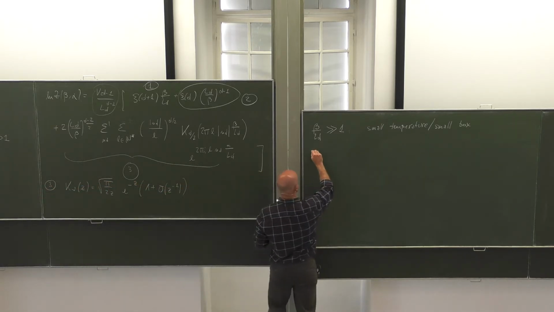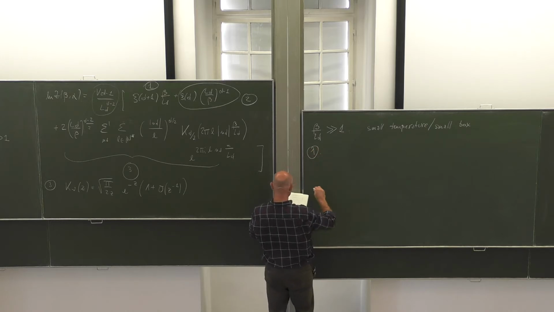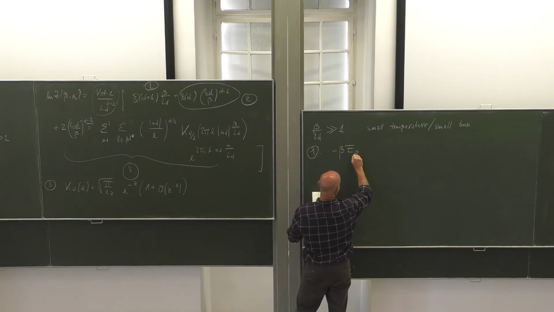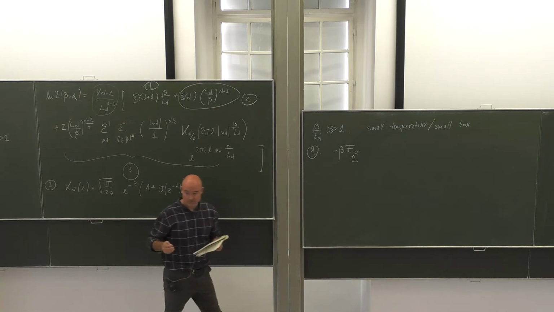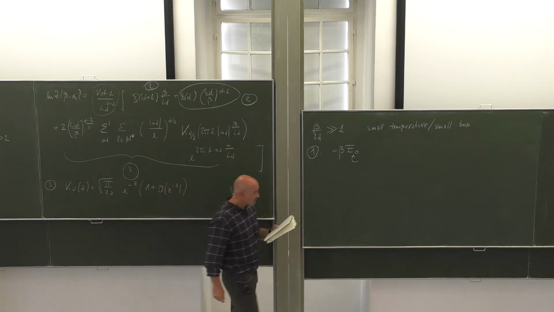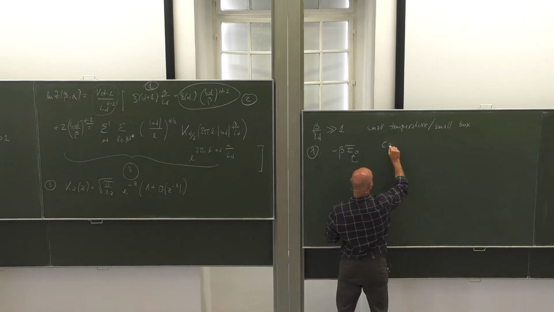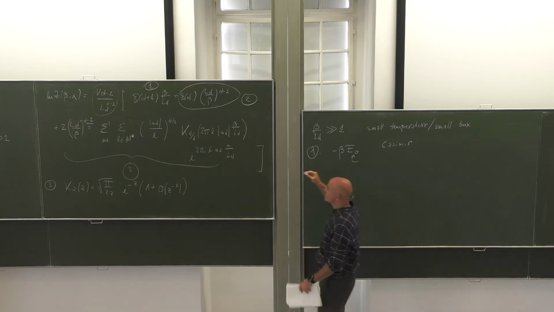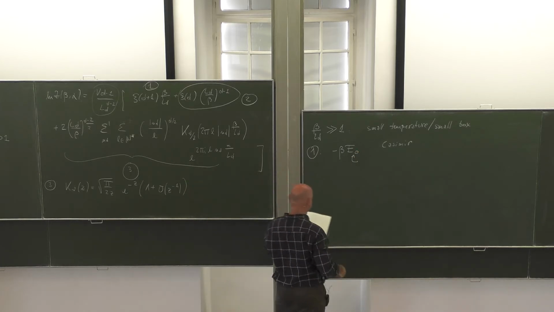Okay. And then you have to discuss the first term. The first term is minus beta times E_0, and this E_0 is computed for you by zeta function methods. I computed it for you. I indicated that you can do it in the same way as before. So this is the Casimir energy, the contribution of the Casimir energy to the partition function.